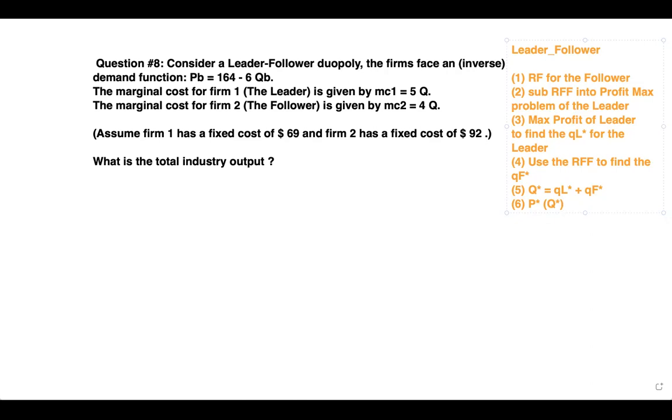Does anybody have any questions, general questions about finding profit or total surplus or anything like that in these types of situations? I'll just put 7 is welfare, which you all should know by now. That's consumer and producer surplus, deadweight loss. Are there any questions?